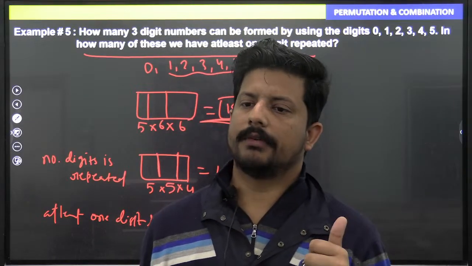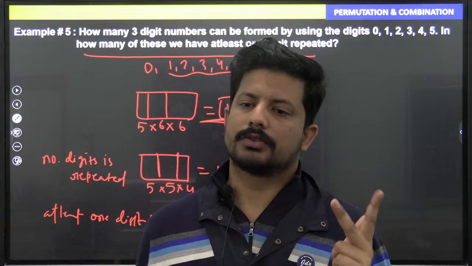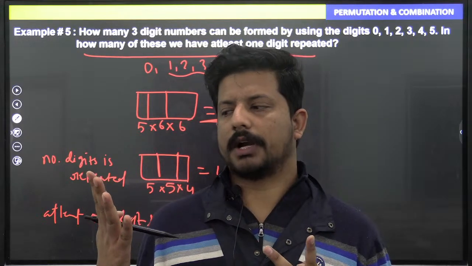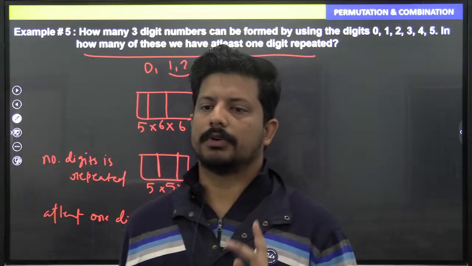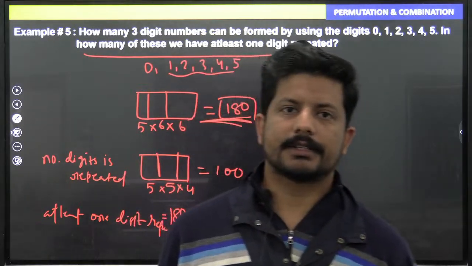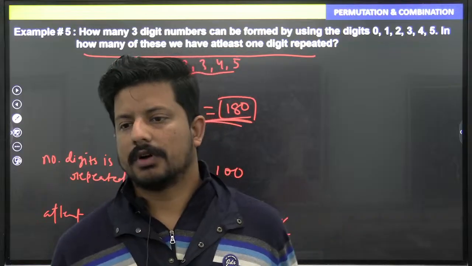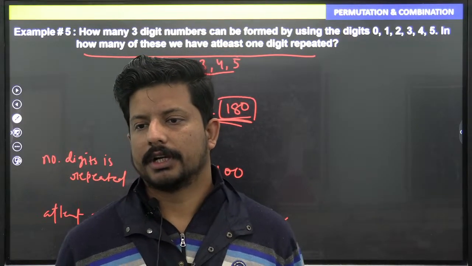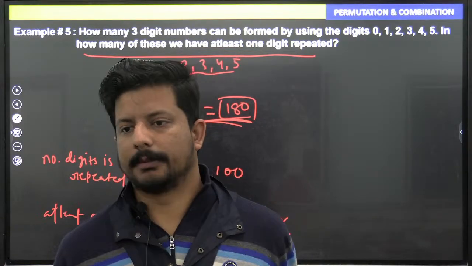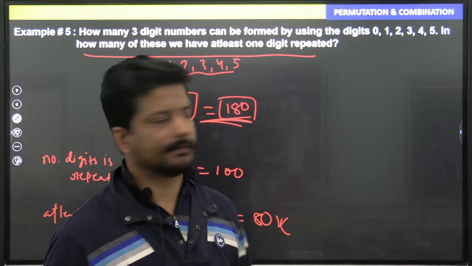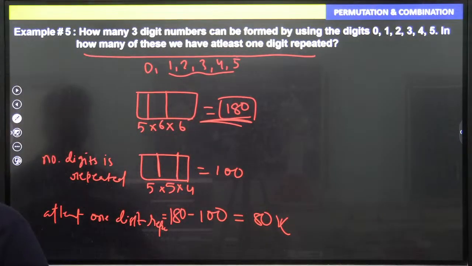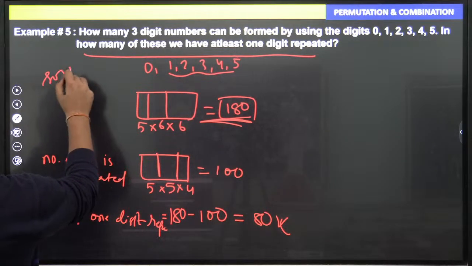So 5 into 5 means 2 numbers are used, so we have 4 options. So 5 into 5 into 4 gives you 100. 100 is the number in which no digits are repeated. So 180 minus 100 gives you at least one digit repeated. Hope you are getting my points. So this is the solution for example number 5.